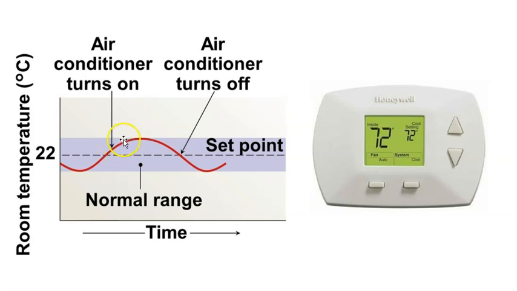The air conditioner will turn on and start to slow the increase in temperature. So it will eventually start to bring the temperature below that set point, at which point the air conditioner will turn off, and the house will continue to cool for a little bit. So as long as our temperature fluctuates about that normal range, then everything is considered to be in homeostasis with that particular system.